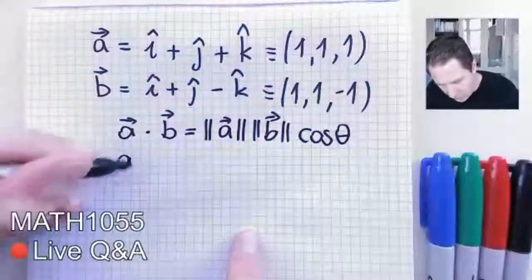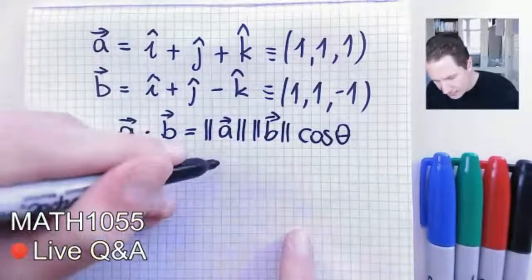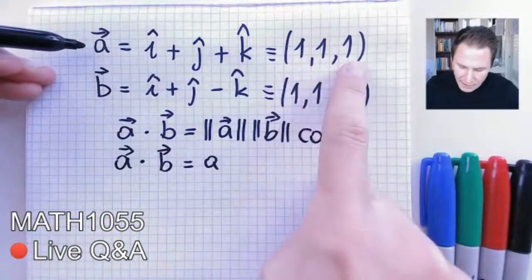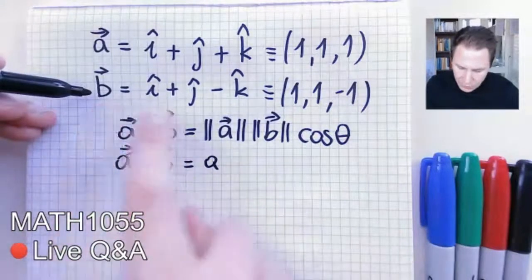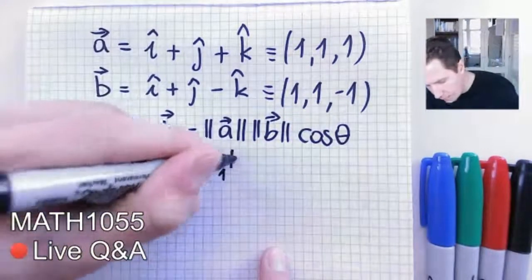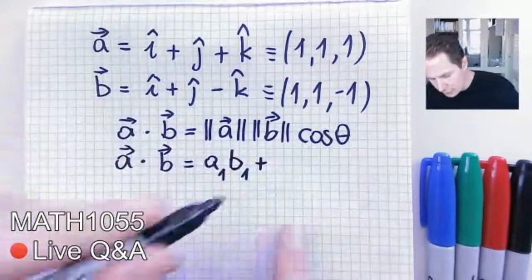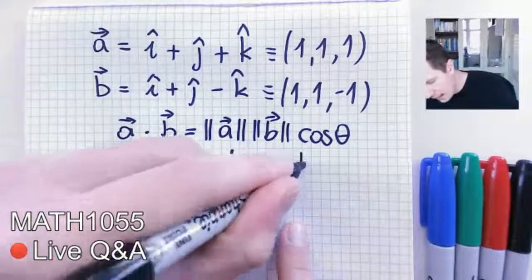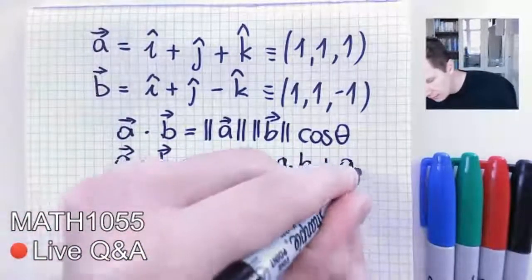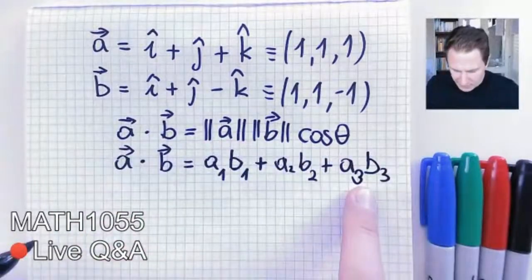But there was another way of calculating the same thing, and that was using coordinates. So if A has the three coordinates A1, A2, and A3, and B has the coordinates B1, B2, and B3, then this scalar product can be obtained if you just multiply the first coordinates, add to that the product of the second coordinates, and add to that the product of the third coordinates.